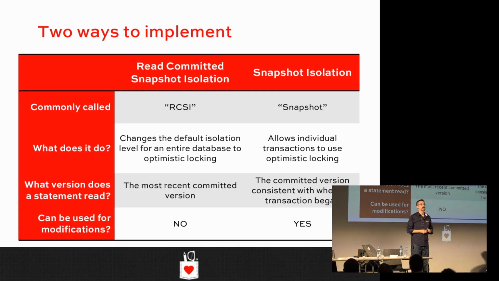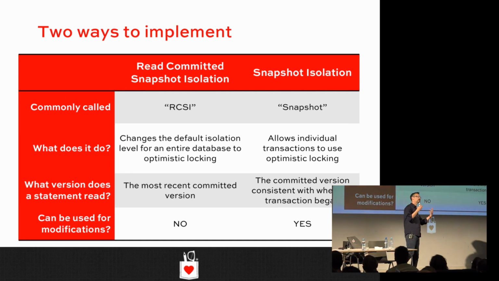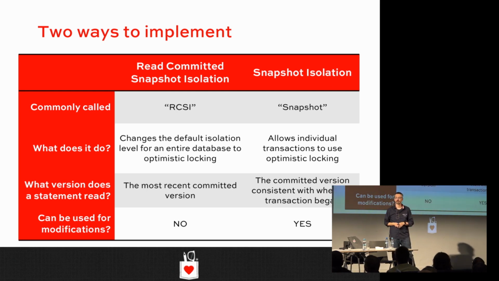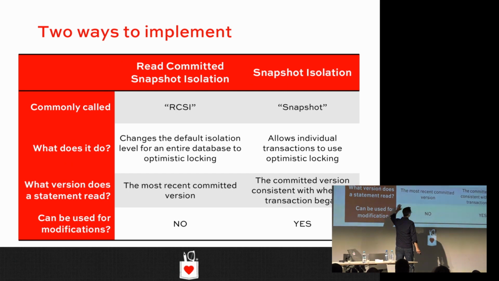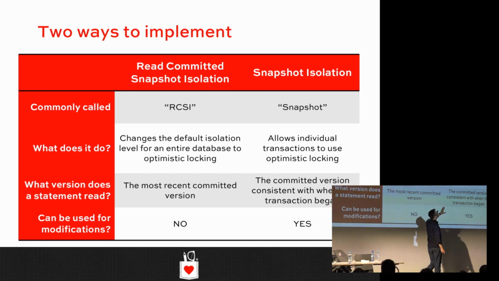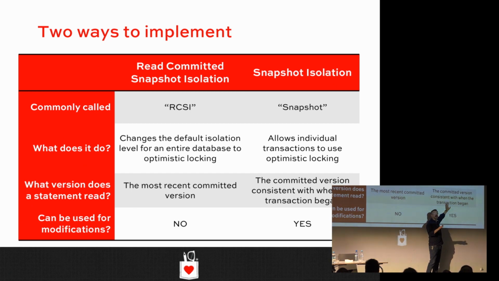Now, there's 2 ways that I can turn this on in SQL Server, and they're really confusing, and I've got much more details about this over on the blog. Both of these ways of turning it on start writing my data into the toilet as soon as they happen. But with the right-hand side, with snapshot isolation, the data's in the toilet there, but you have to ask for it if you want it.